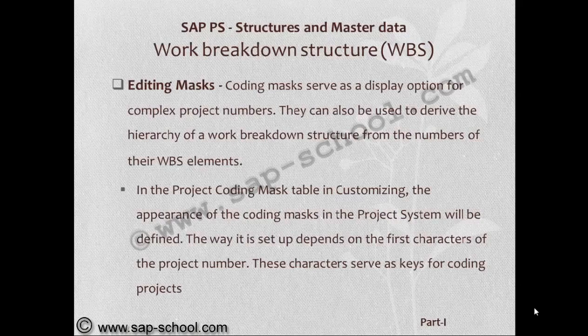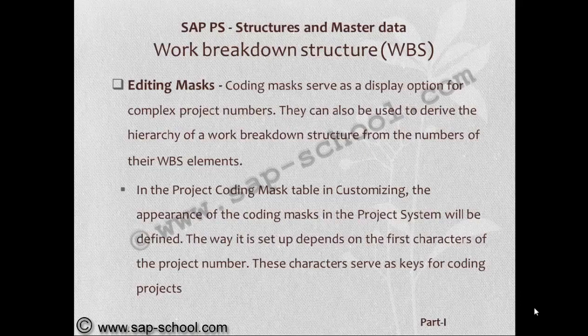This coding mask serves as a display option for complex project numbers. It can also be used to derive the hierarchy of a work breakdown structure from the numbers of its WBS elements. In the project coding mask table in customizing, the appearance of the coding mask in the project system is defined.